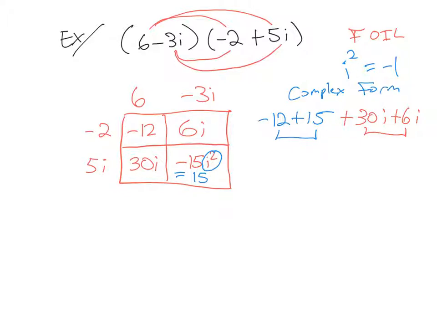So -12 plus 15 gives us the real portion, 3, plus 30i plus 6i, which is 36i. And there you have it. You saw it here first with Math with Dr. Math. Questions here?